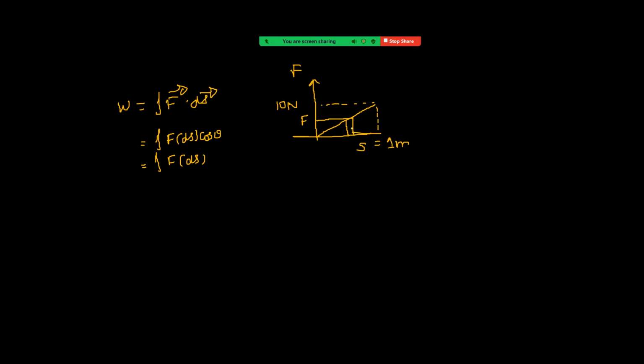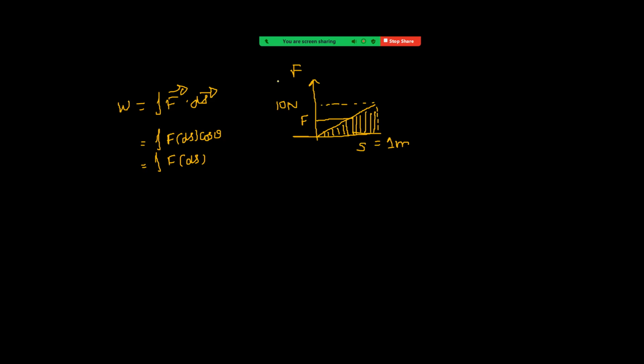Like this, taking small displacements, we have to add all these areas, and this is what gives us work done. So the area under the force displacement graph with the displacement axis gives work done by that force.